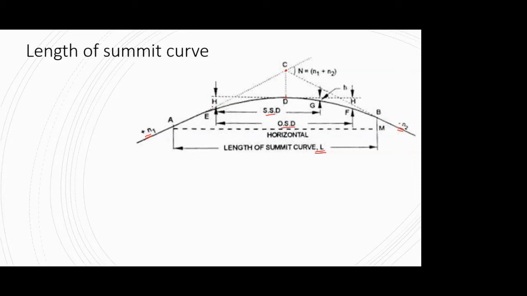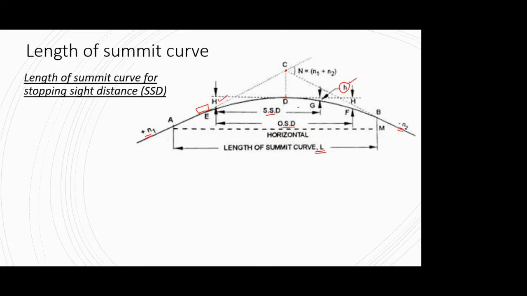Suppose this is the car in which you are driving, and the height of the eye level is capital H. Then you have a small object of height small h on the other side of the apex of the curve. For stopping sight distance, we consider these values of capital H and small h. So we'll start with the length of summit curve for stopping sight distance.